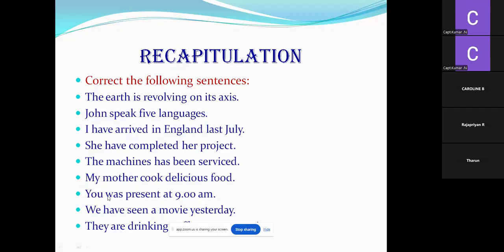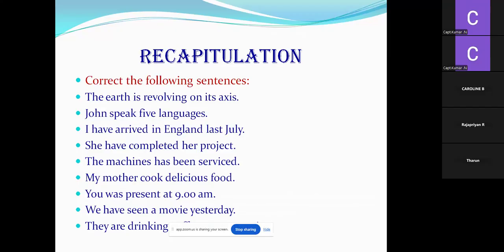See, here the subject is you, and the sentence says you was present. Is it right when you are using was with you? See, you, though it is used for second person singular and second person plural, we must always use a plural verb.